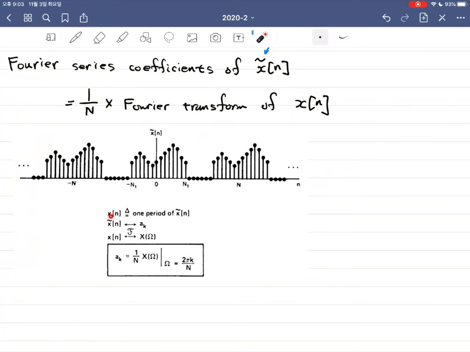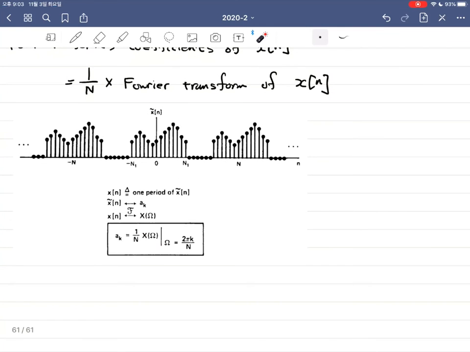If I say x[n] is just one period of x tilde, and x tilde is a periodic signal, then we can obtain the coefficient of the Fourier series, and that coefficient can be represented by 1 over N times the Fourier transform of x[n].